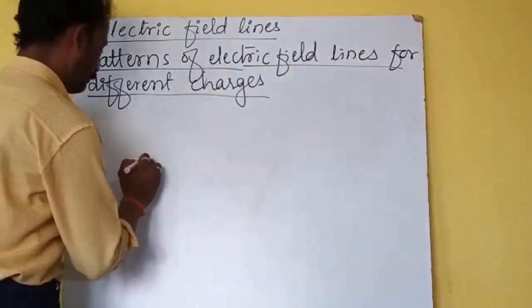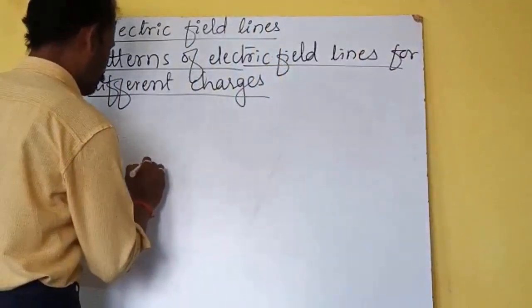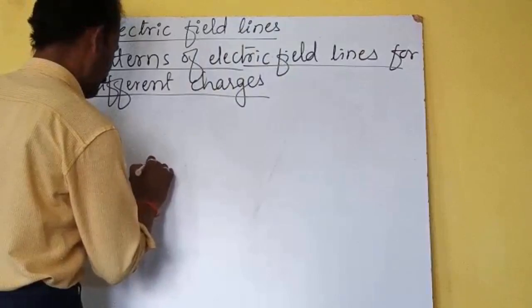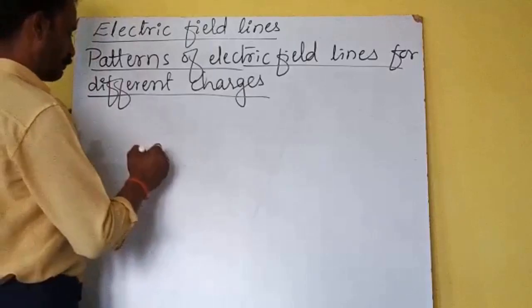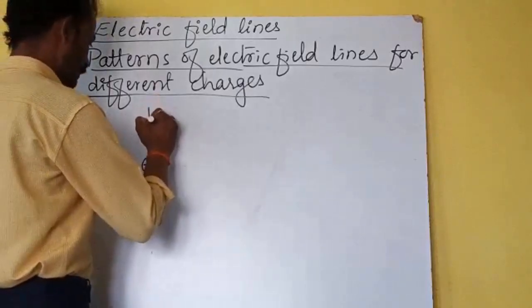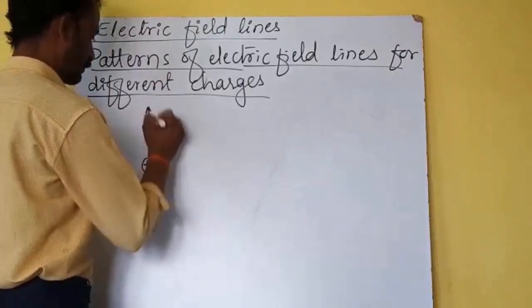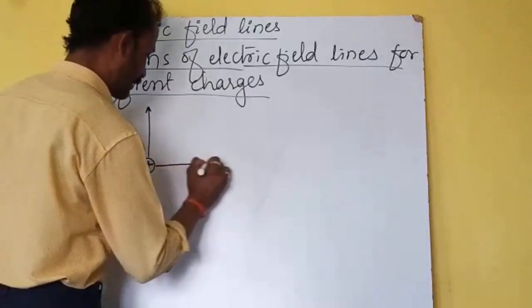In case of a positive point charge, the electric field lines are outward directed.